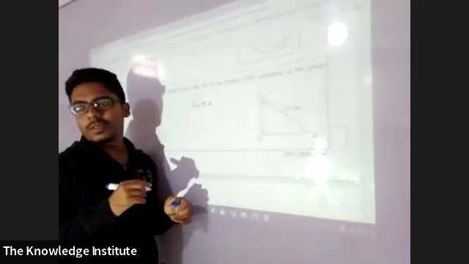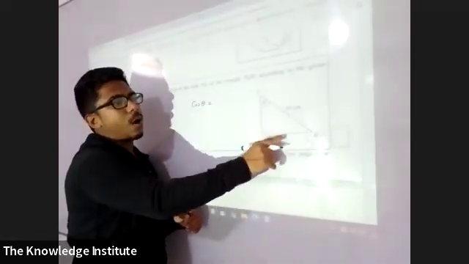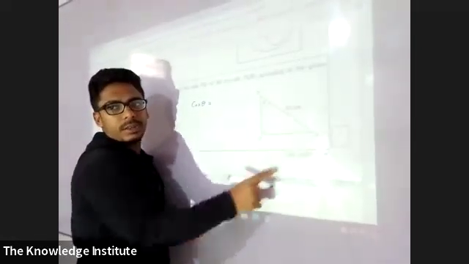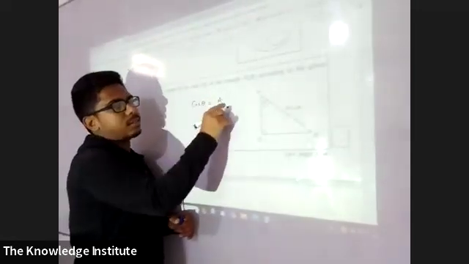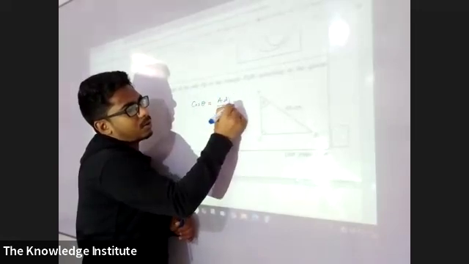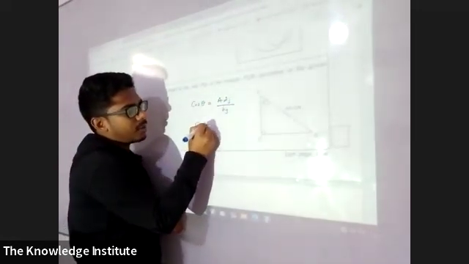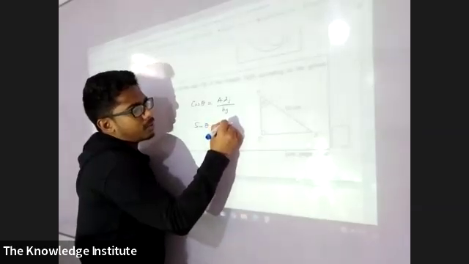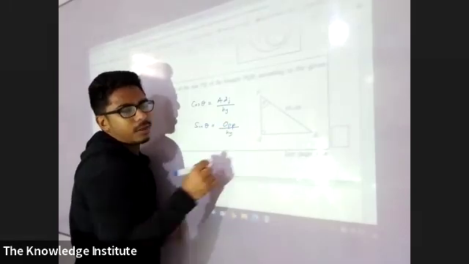The definition of cos theta is adjacent over hypotenuse, so the length of the adjacent side over hypotenuse. And for sin theta, it will be the length of the opposite side divided by hypotenuse.